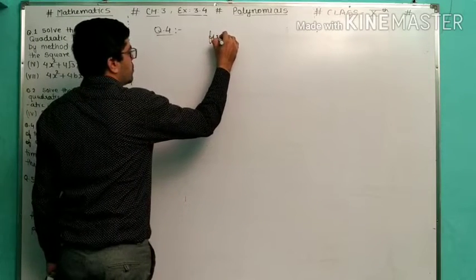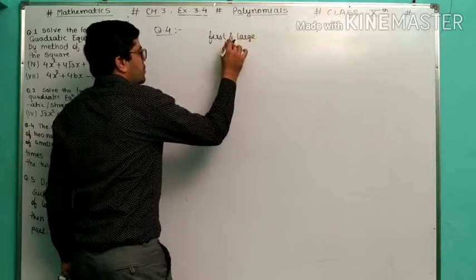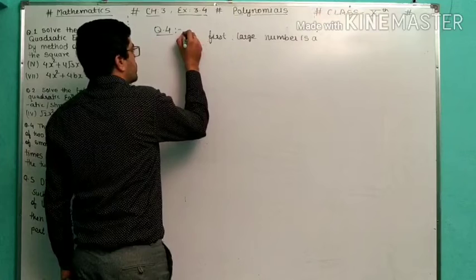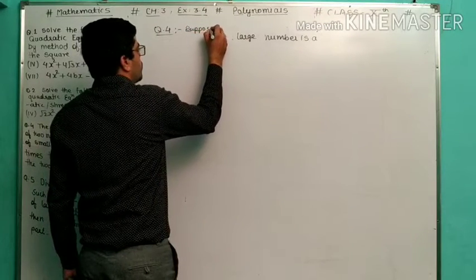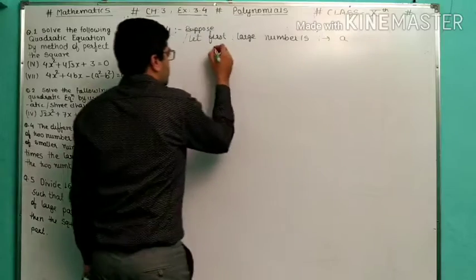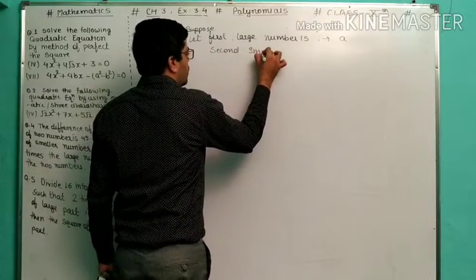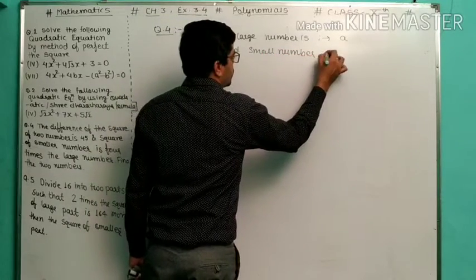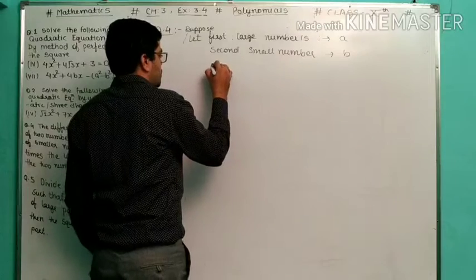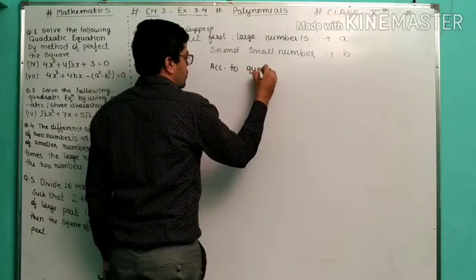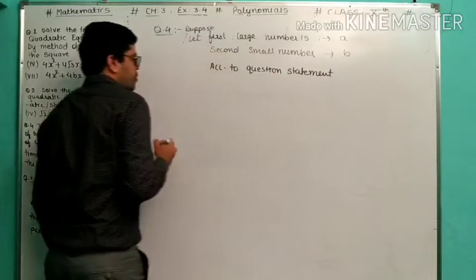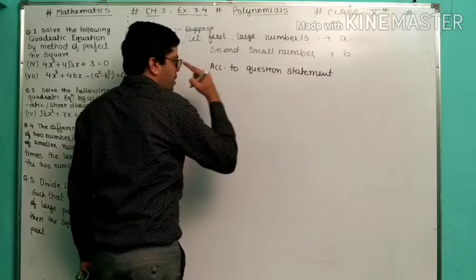Suppose the first, larger number is A, and the second, smaller number is B. Now, according to the question statement, the difference of the squares of the larger number and smaller number is 45.